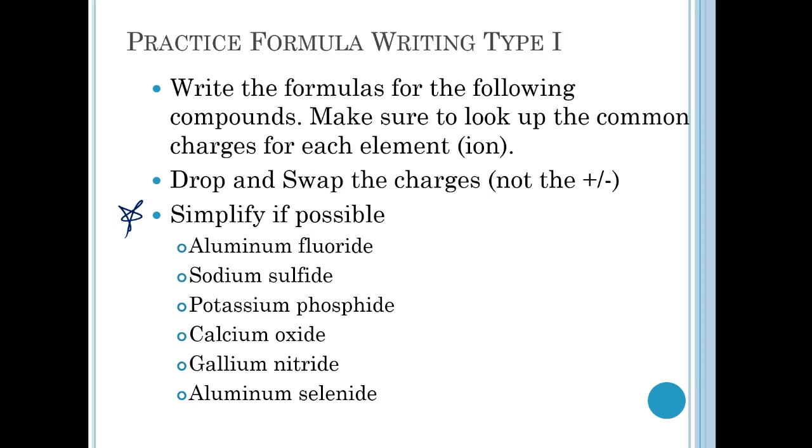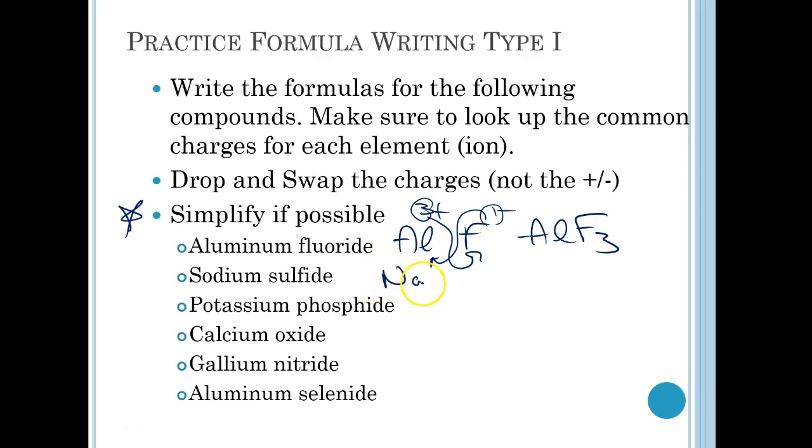All right, so aluminum fluoride, Al, positive 3, fluoride, -1. If I drop and swap, the 3 moves down here, the 1 moves down here. I get AlF3. You don't have to show the 1 if you don't want to. Sodium sulfide, Na, 1 plus, S, 2 minus.